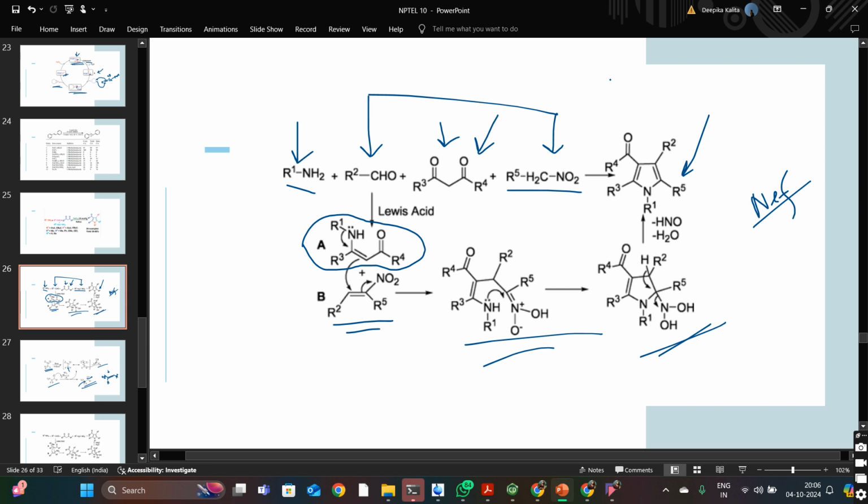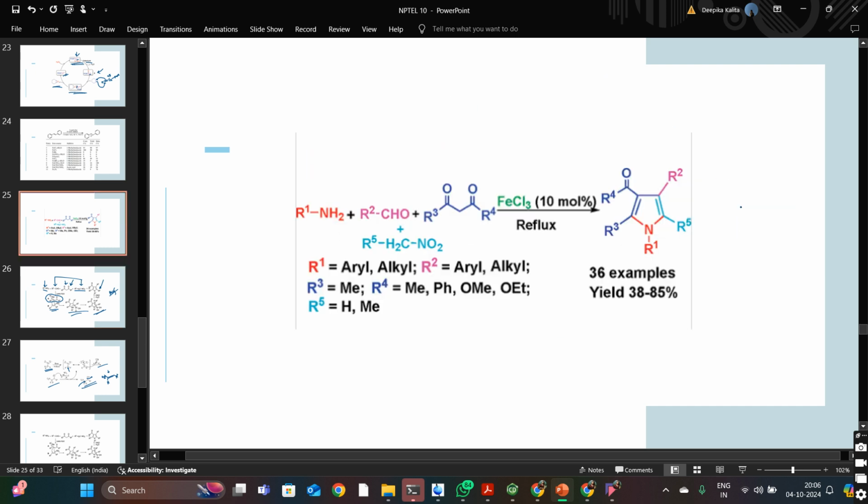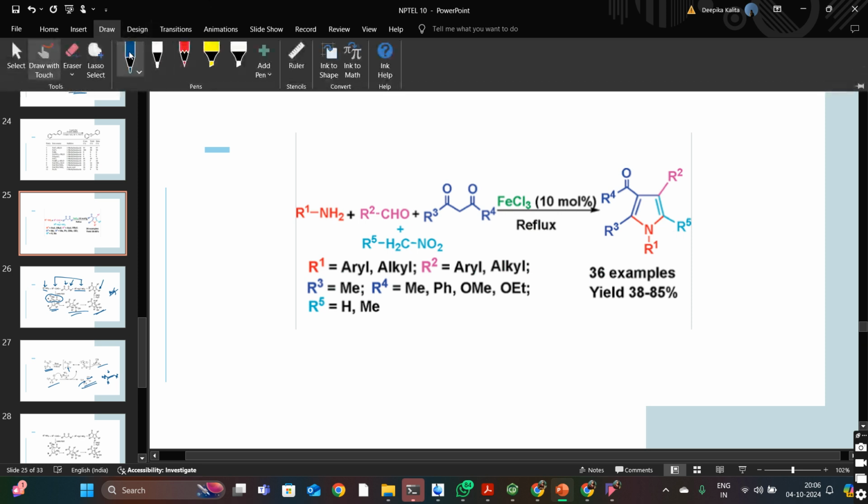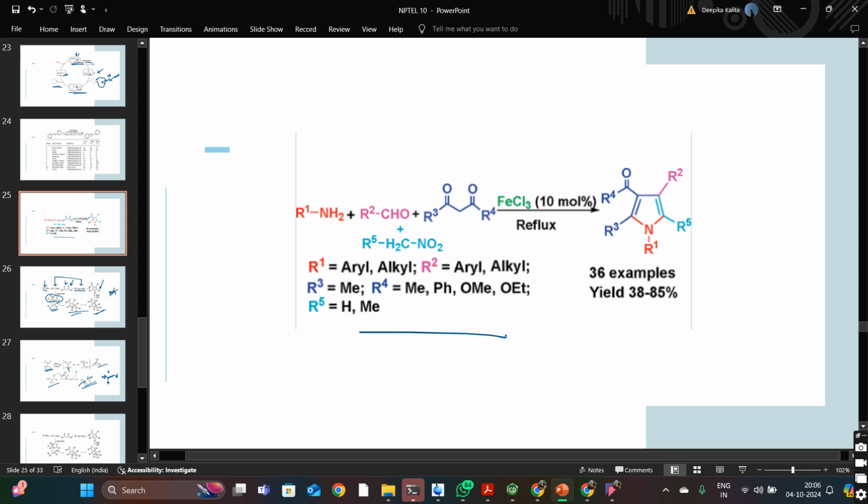So this is how we are going to get this pyrrole, which is highly substituted, and the reaction involved is this multi-component reaction, which is silver catalyzed.